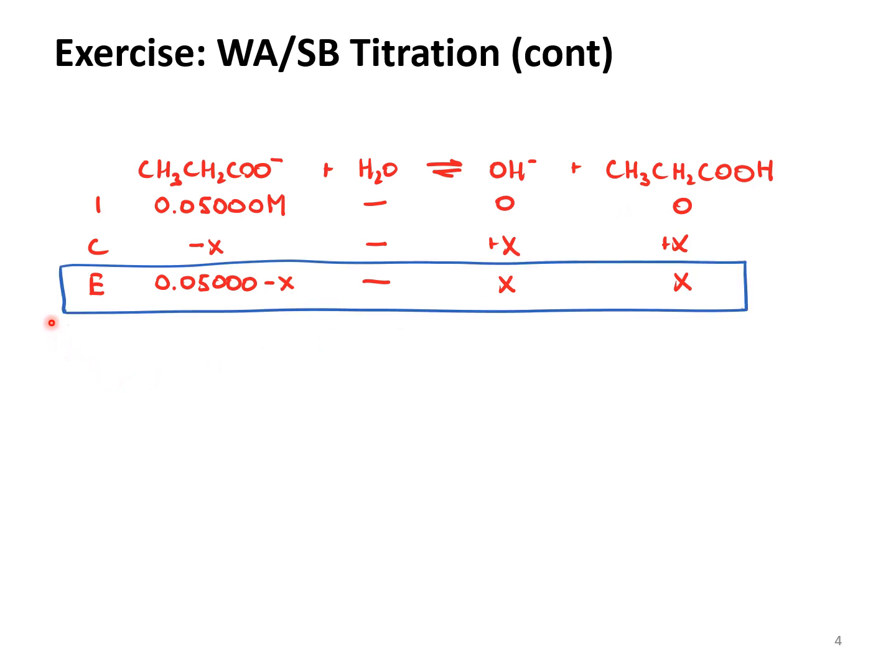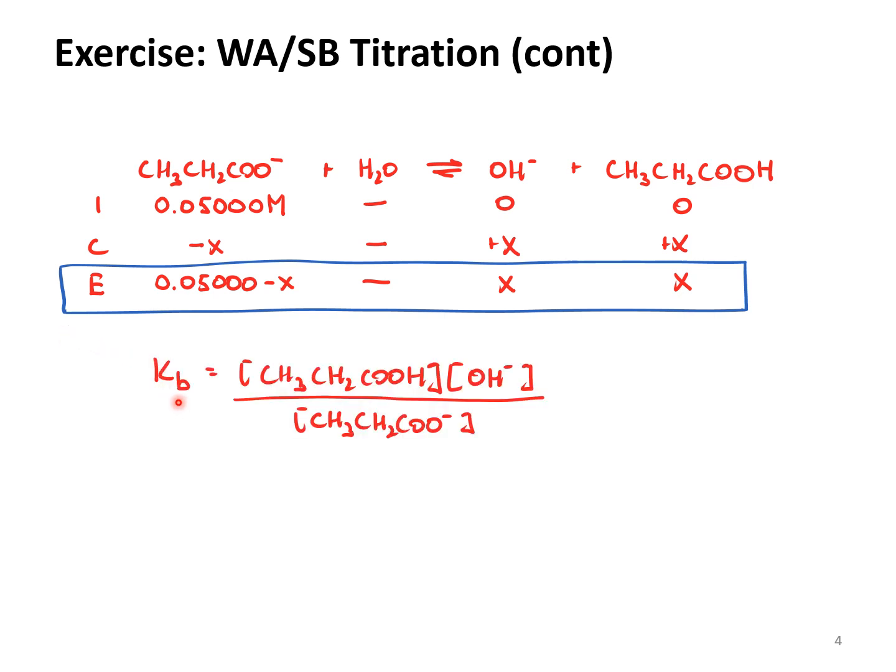So the part of the ICE table that we need to do the calculations now is the equilibrium concentrations, which we'll use to calculate the pH. The next step is to write the expression for the equilibrium constant. In this case, since this is a weak base reaction, we have Kb, which is the equilibrium constant for a weak base, equals the concentration of propanoic acid times the concentration of hydroxide, which are both the products, divided by the concentration of propanoate, which is the reactant.